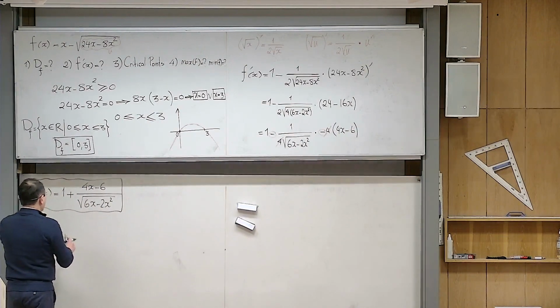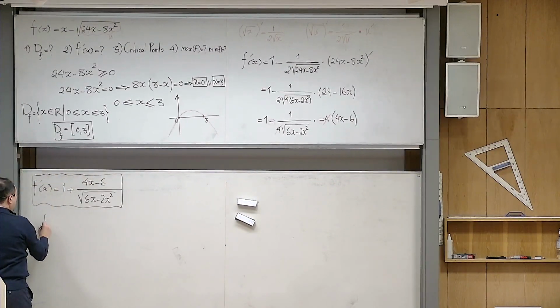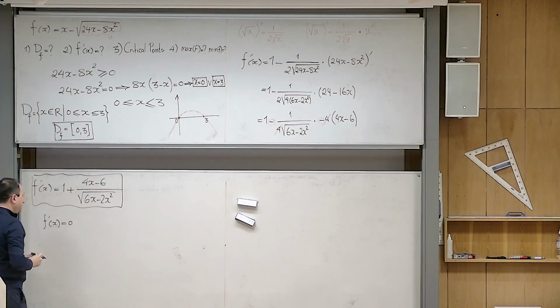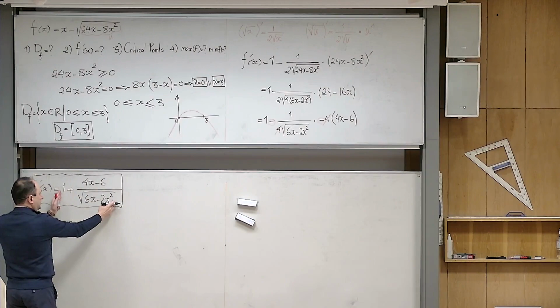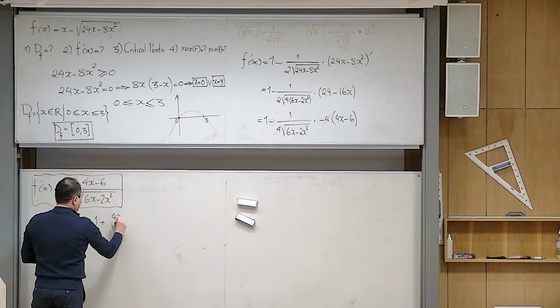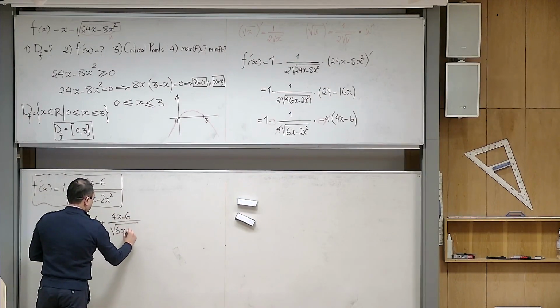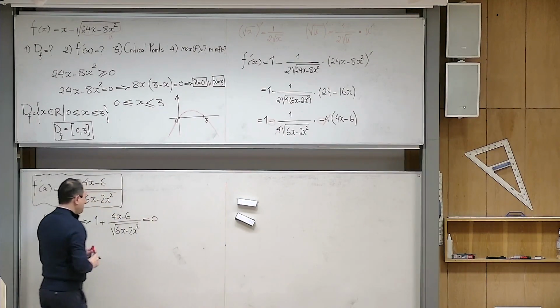So what I need to do is find where f prime of x is 0. This means that I need to solve this equation. I need to put this expression equal to 0 and solve it. Okay?